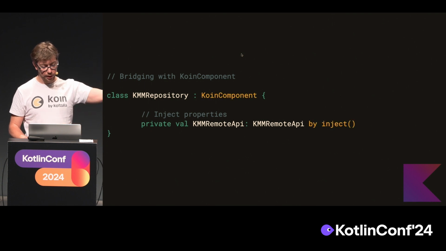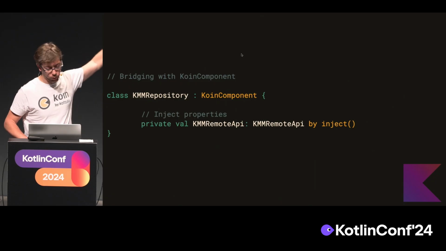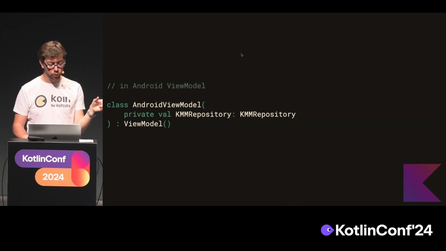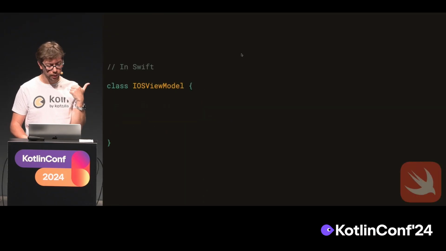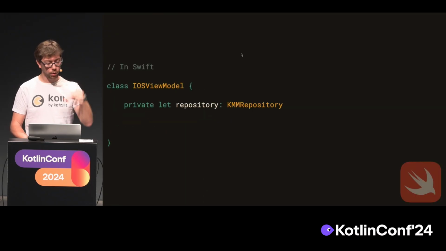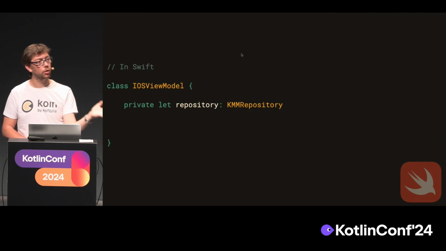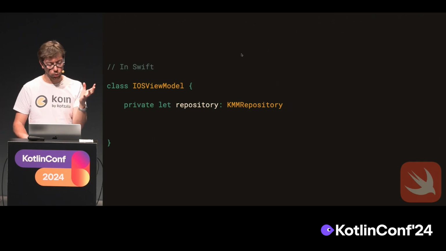Then still, again, we are using KoinComponent to make the bridge, to bootstrap your instance where you want. And then in an Android view model, for example, we can use dependency injection directly by constructor. And in the iOS view model, for example, we are creating the instance manually, but then Koin will follow and create all the graph for you.